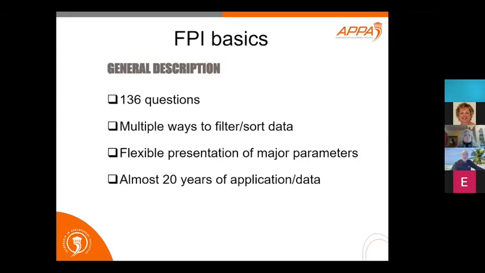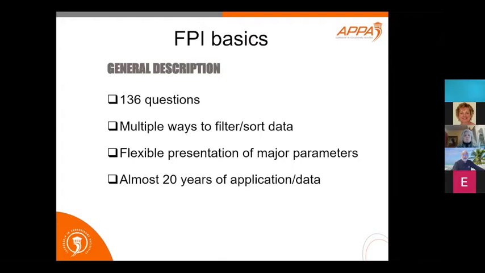There are a lot of ways to filter and sort the data. You can look at information about your organization. You can compare your organization with different metrics on the campus, such as the number of students or the gross square footage of the campus, or you can look at something like the amount of classroom space on your campus compared to everything else.